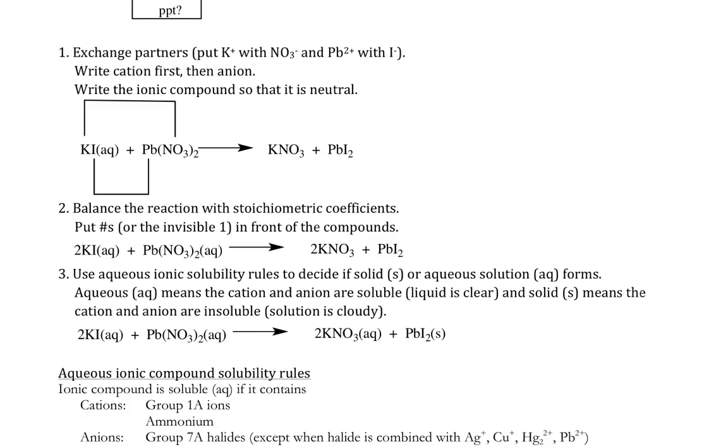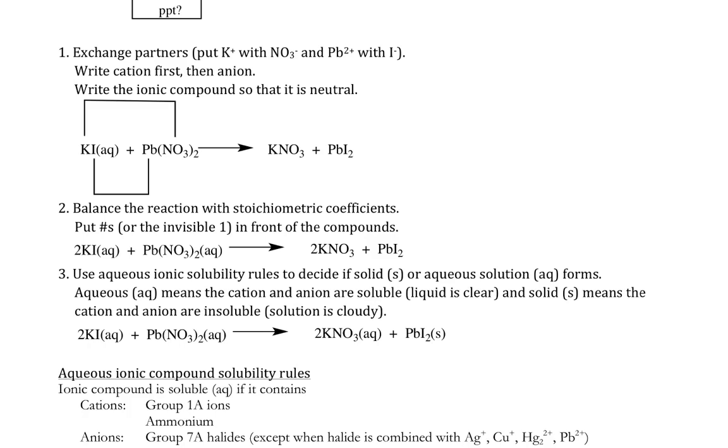So with the lines there, I'm trying to show put the outside ions together, put the inside ions together, and write them so they are neutral. K plus, NO3 minus, they're on a 1-to-1 ratio. Pb2 plus, I minus, they're going to be on the 1-to-2 ratio because of their charges. So we have KNO3 plus PbI2.